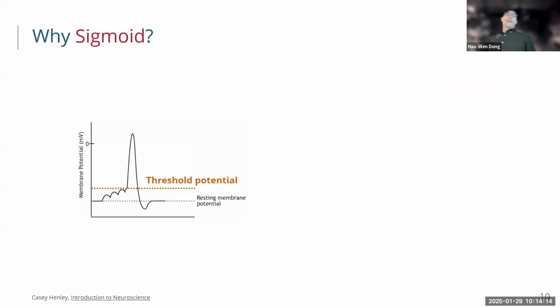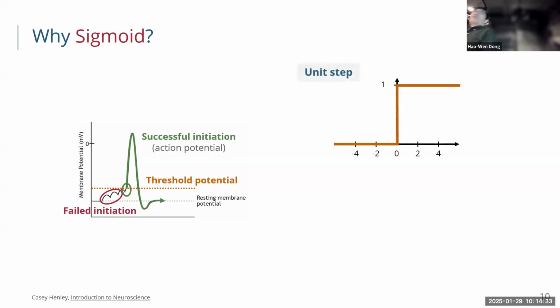And so if you look at the threshold potential versus sigmoid, they have the same idea: if you haven't reached that threshold, then you do nothing. And if you reach that threshold, then you send an action potential out. So that basically means that you are doing something like this. There will be some threshold.